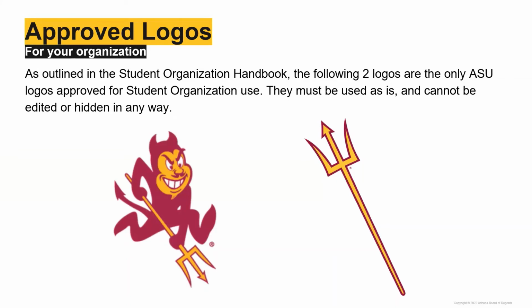So you as a student organization are only authorized to use Sparky and this more academic looking pitchfork in its unedited version. So you unfortunately couldn't take the pitchfork out of Sparky's hands and put like a golf club or something like that. And you can't have anything covering any part of the image. It has to be used in its entirety. And it also has to have the trademark symbols that you can see there attached.